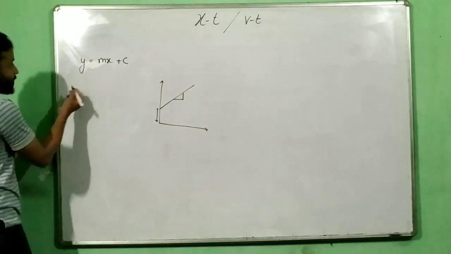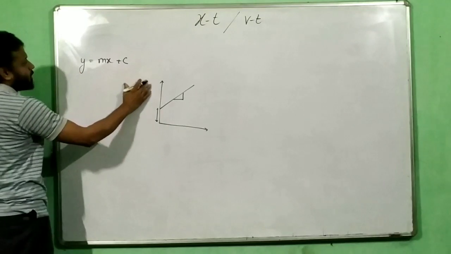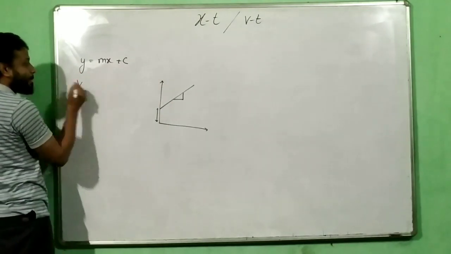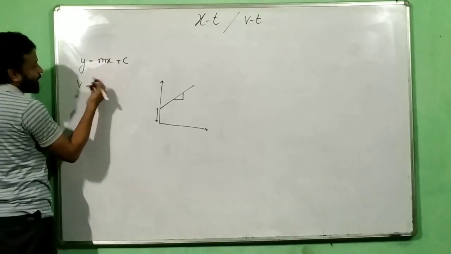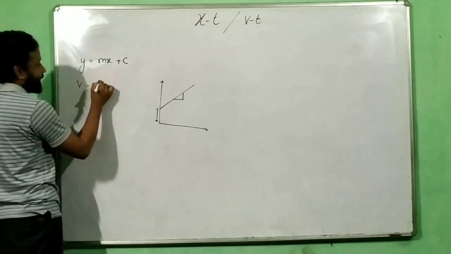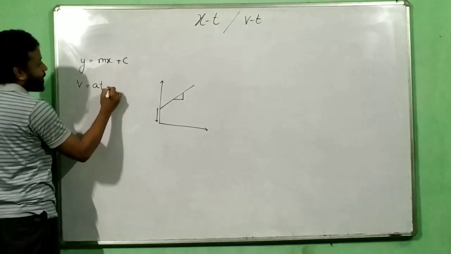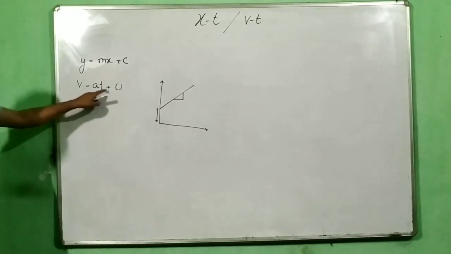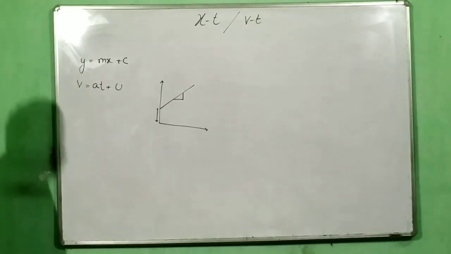Now the same thing, if I don't want to take y, let me take a physical quantity called v. Let me take a slope, let us say a, and let me take my x-axis as time t, and let me take my intercept as u. Then this is nothing but v equal to u plus at, the first equation of motion.